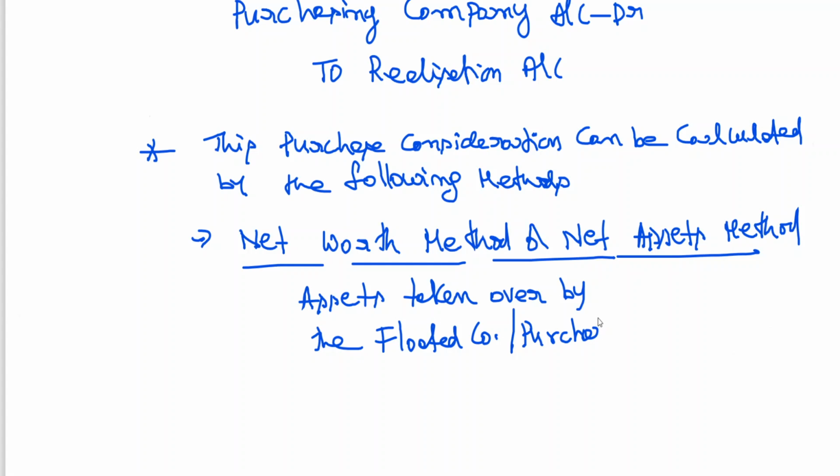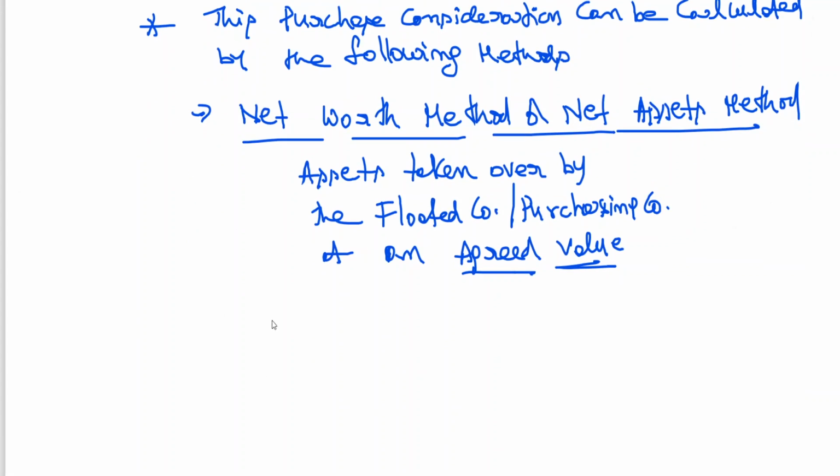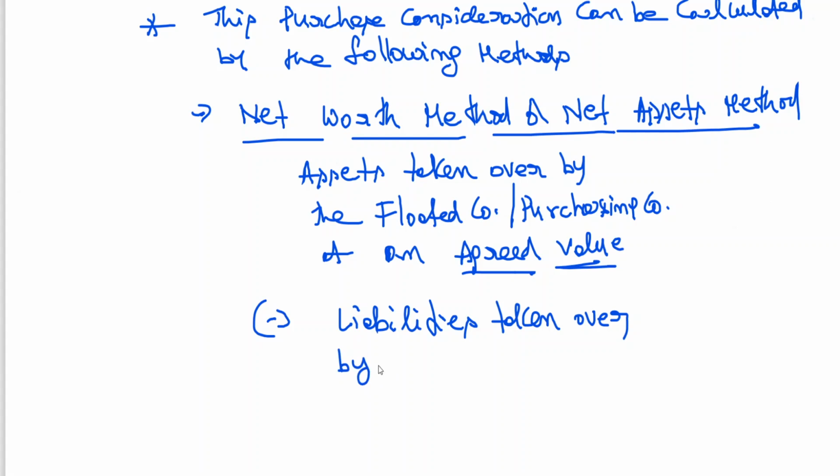Assets taken over by the floated company or purchasing company at an agreed value. Agreed value means like a 50,000 asset they may be taking for 60,000, or a 50,000 asset maybe they will be taking at 40,000. This is important: agreed value, minus liabilities taken over by the floated company or purchasing company.